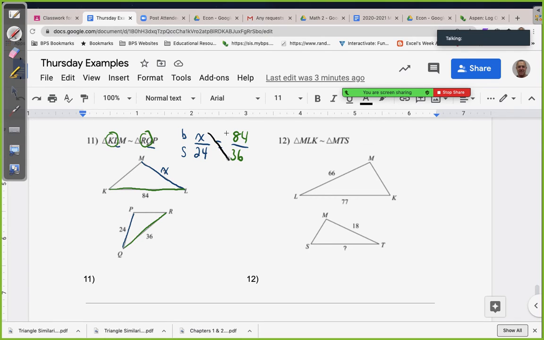I'm going to cross multiply. These two things multiplied equal these two things multiplied. X times 36, I'm going to call it 36x. 24 times 84 is 2016.